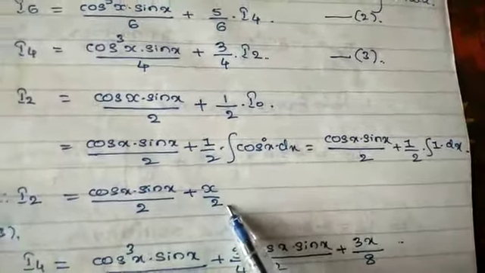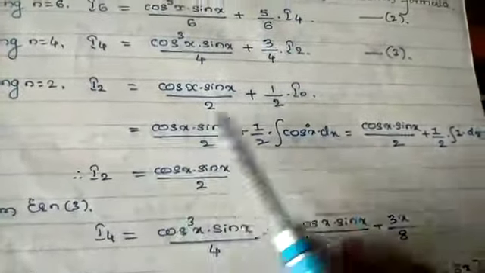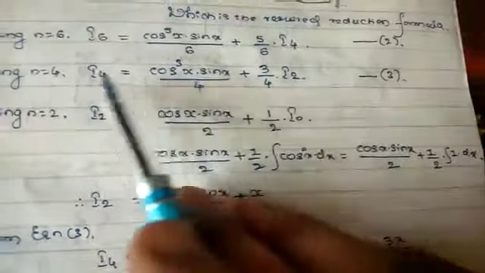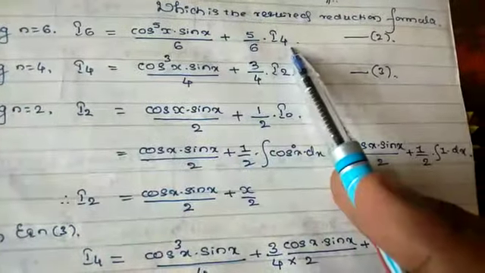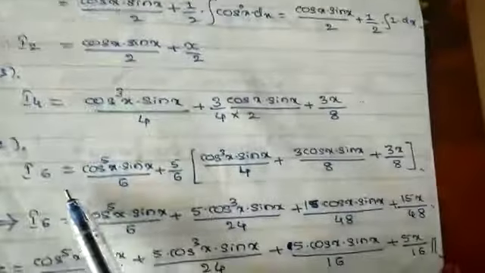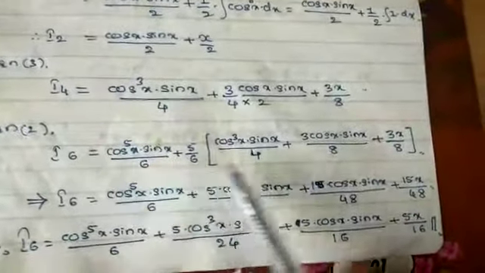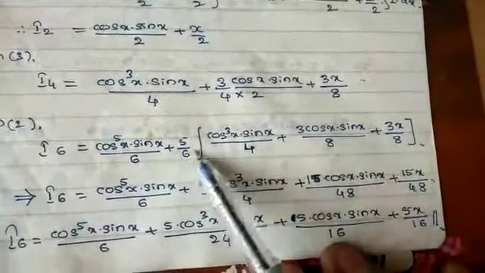This I_2 value we have to substitute in equation number 3 and we get the I_4 value. The I_4 value we substitute in equation 2, so we get the required I_6 value. Multiply the 5 by 6 throughout that equation, and we'll get the required equation.